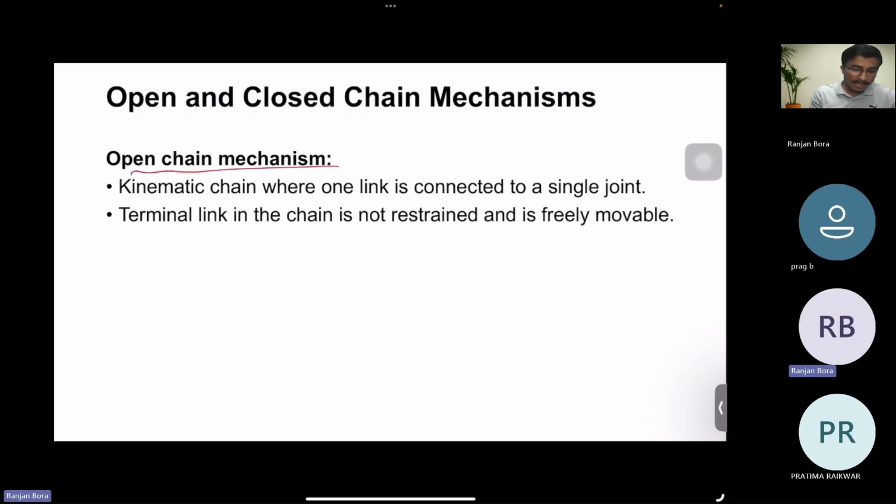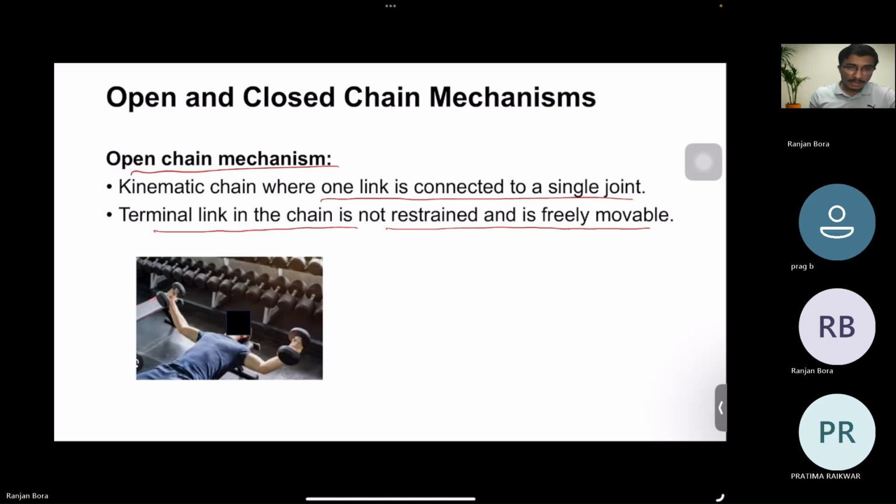An open chain mechanism is a kinematic chain where one link is connected to a single joint. And here the terminal link in that chain is not restrained and is freely movable. We can freely move the terminal link; it is not constrained or its movement is not blocked.